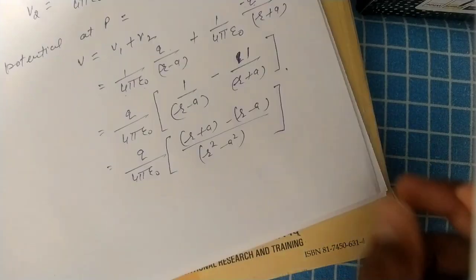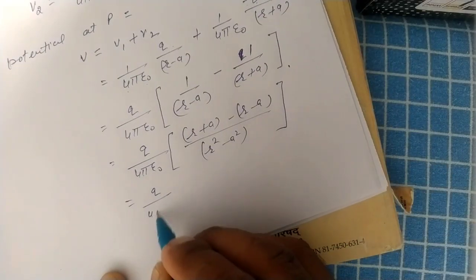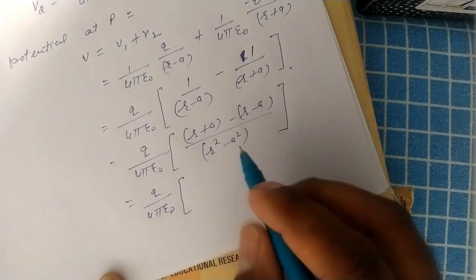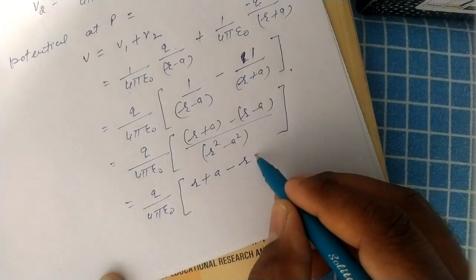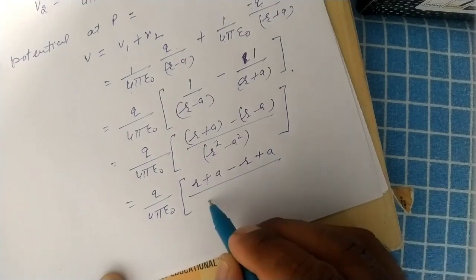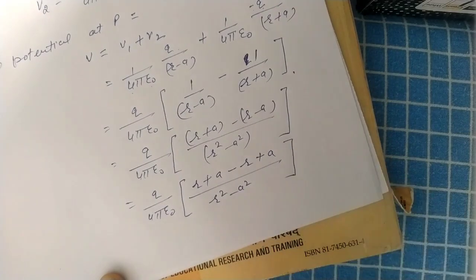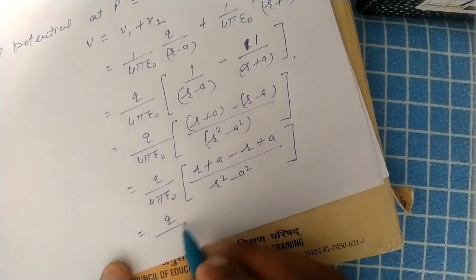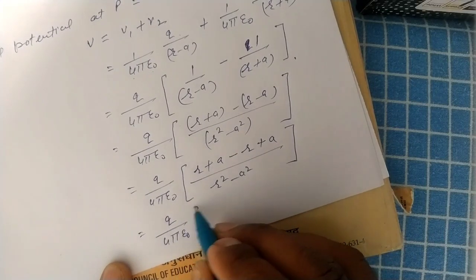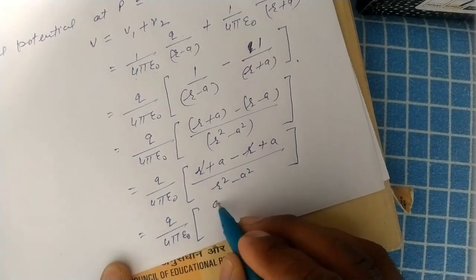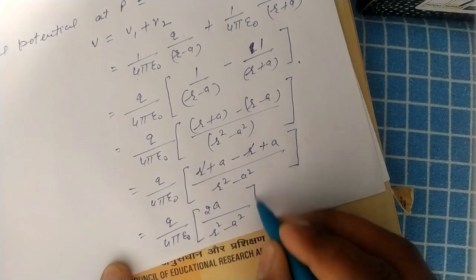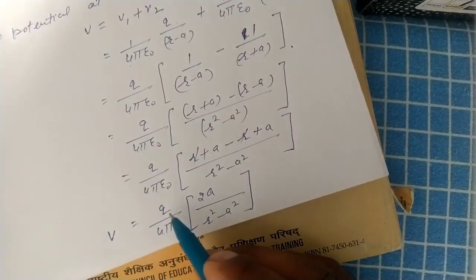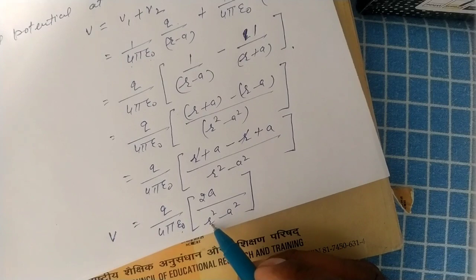We can solve it. Q upon 4 pi epsilon naught, r plus a minus r plus a divided by r square minus a square. Q upon 4 pi epsilon naught, a plus a, 2a divided by r square minus a square. We find out here V is equal to q upon 4 pi epsilon naught 2a divided by r square minus a square.